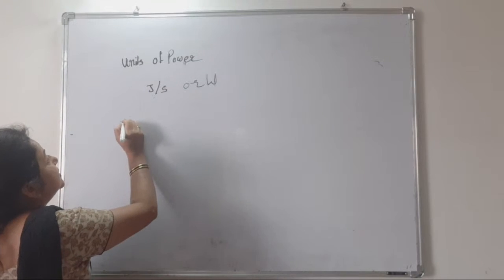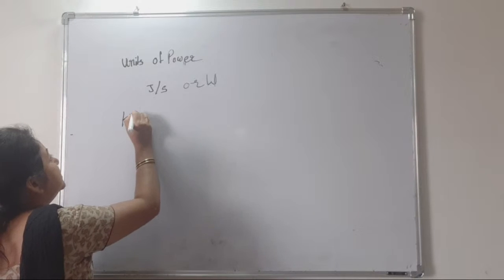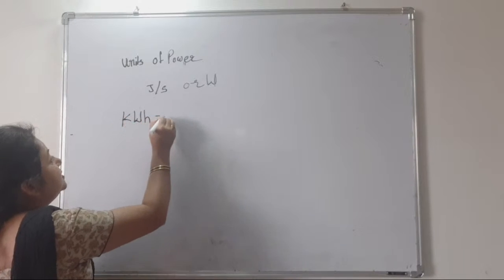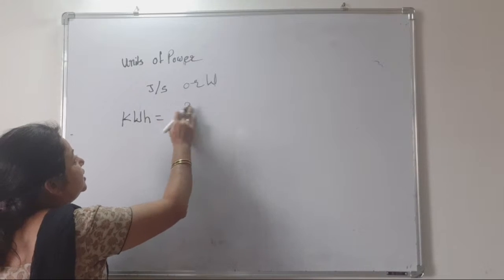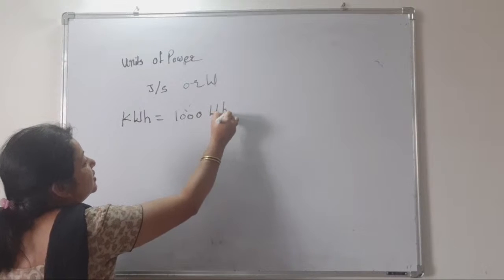What is kilowatt hour? Kilowatt hour is equal to 10 raised to 3, or you may say 1000 watt hour.